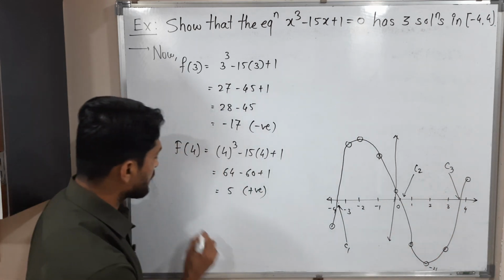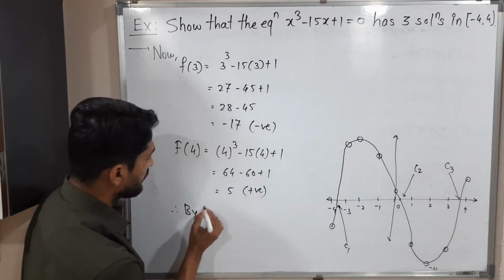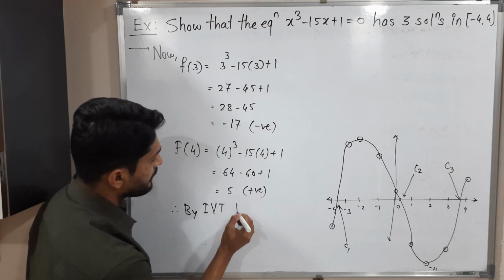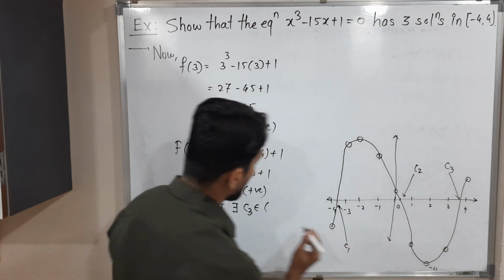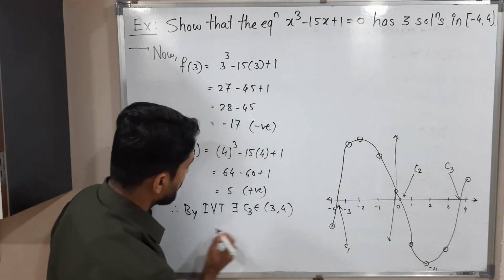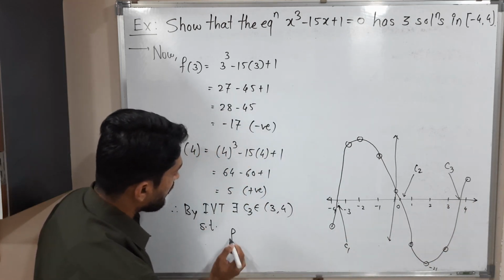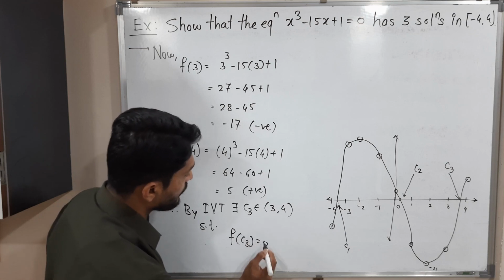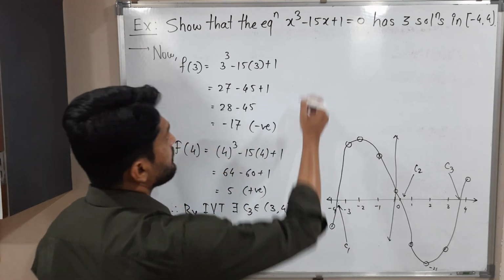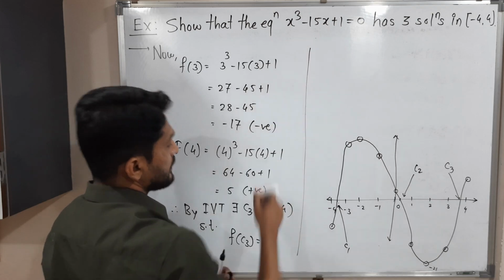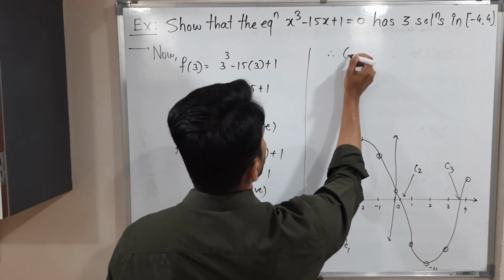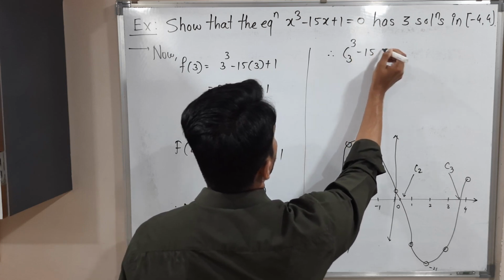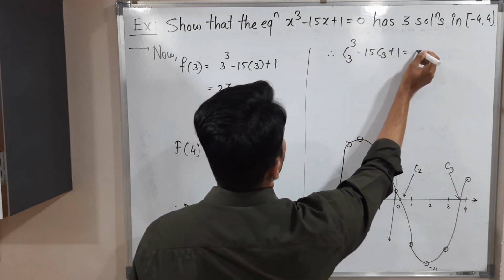Let me clearly mention, therefore, by intermediate value theorem, there exists a third solution C3 in the interval 3, 4, such that f of C3 is equal to 0. Here I will put C3 in the same function: C3 cube minus 15 into C3 plus 1 is equal to 0.